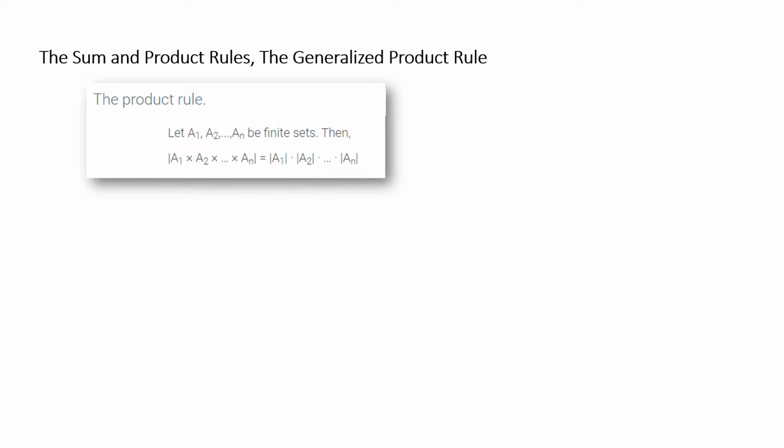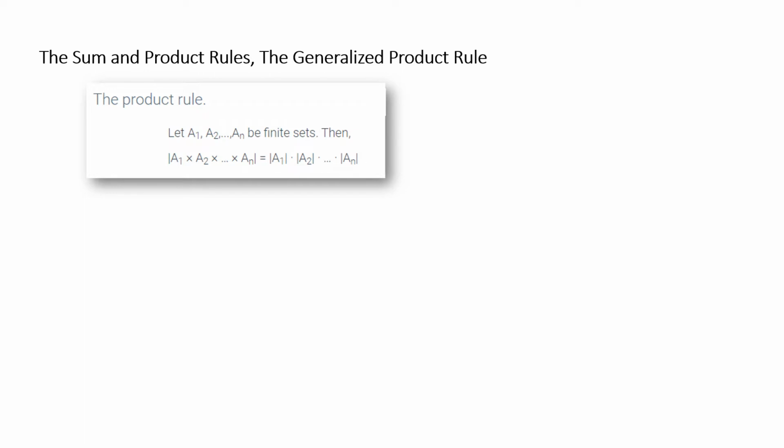So I'm going to lump both of these two sections together and talk about them all together, because I will be talking about things that they would put in that second section, maybe before I talk about some other things that are in the first section. So first of all we'll talk about the sum and product rules and the generalized product rule.